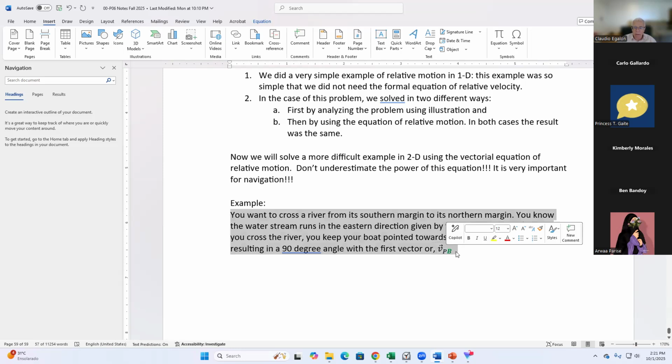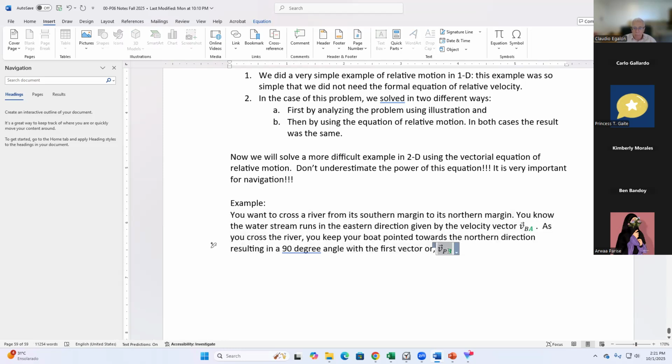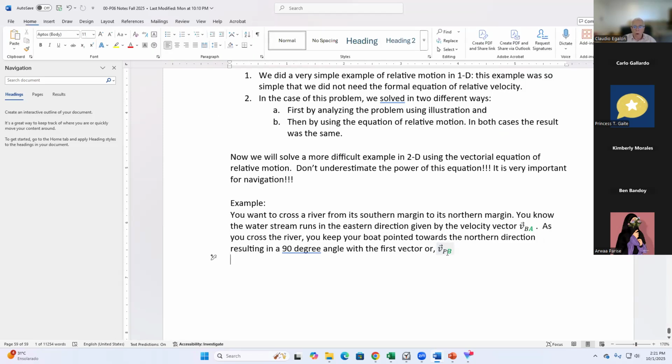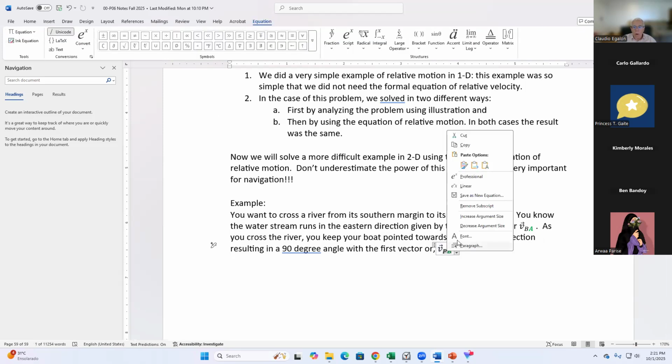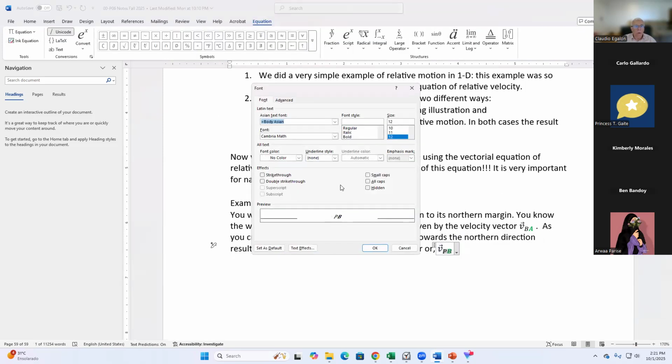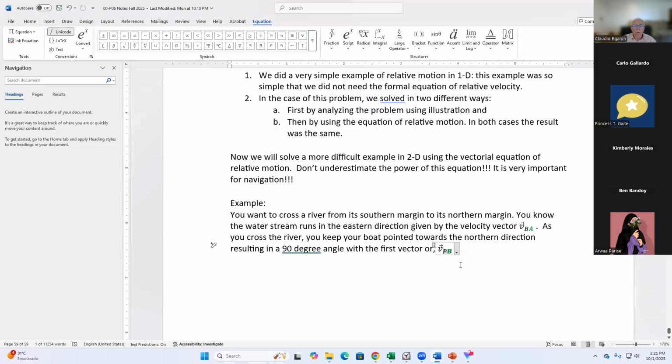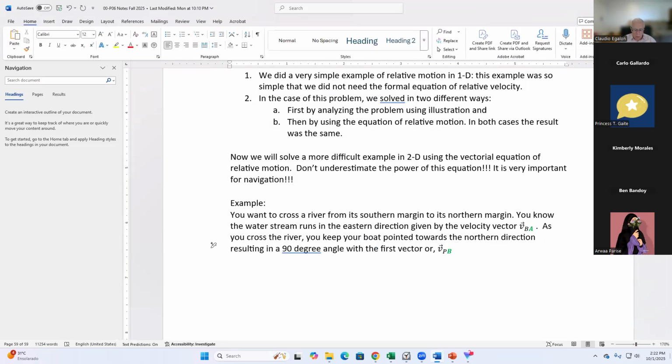I'm going to put everything in black now, so I don't have to worry about colors. Yeah, so VPB makes a 90-degree angle with VBA.